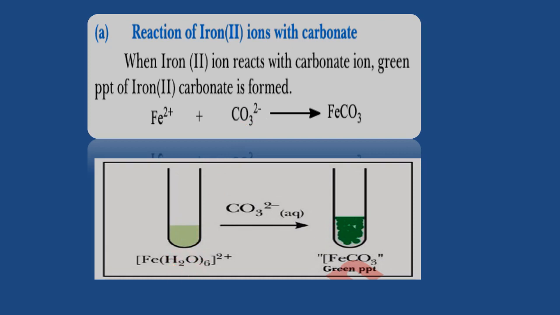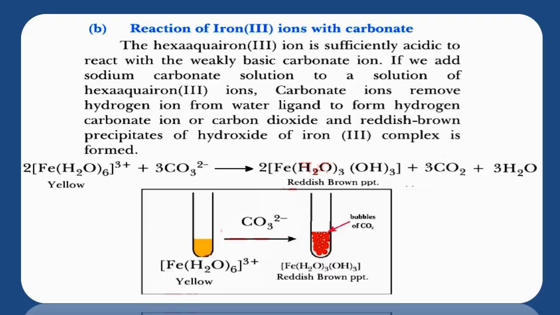Now students, let us study the reaction of iron 3 ions with carbonate ions. The hexa aqua iron 3 ions are sufficiently acidic and they react with a weak base, which is carbonate ions.